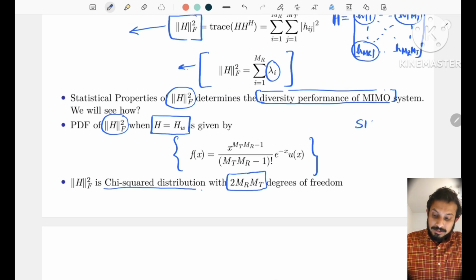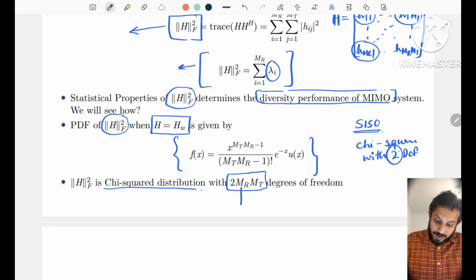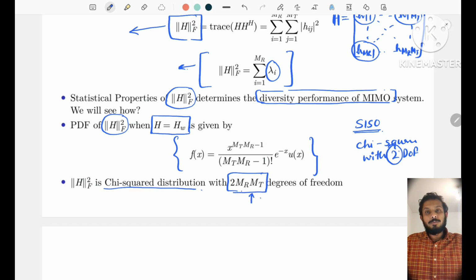For the SISO case, we have earlier seen that it is chi-square with 2 degrees of freedom. Now we have M_R antennas at the receiver and M_T antennas at the transmitter, so in this case we get 2 M_R M_T degrees of freedom, and this is the important point to remember.